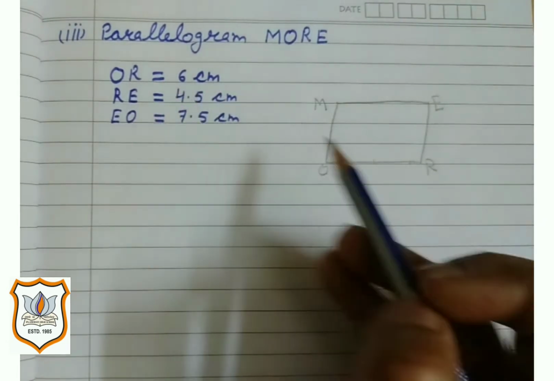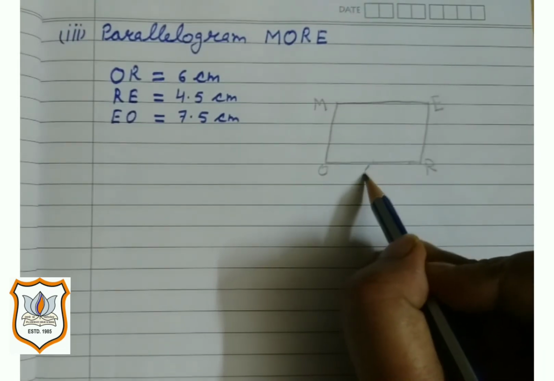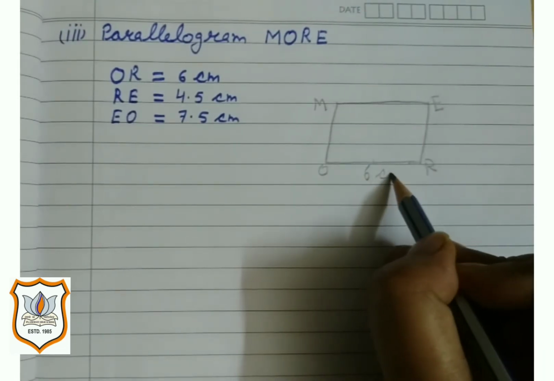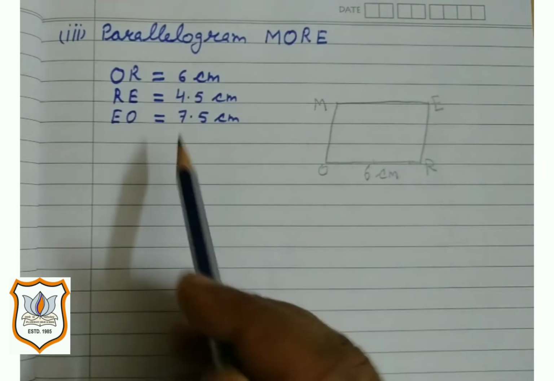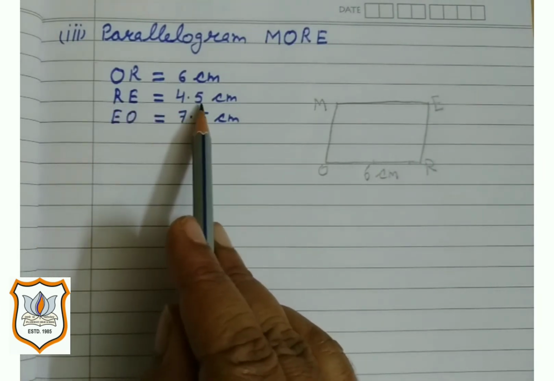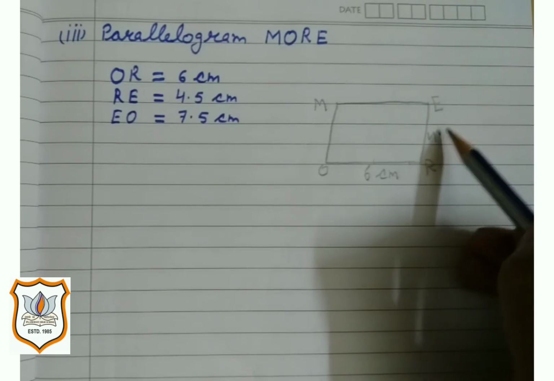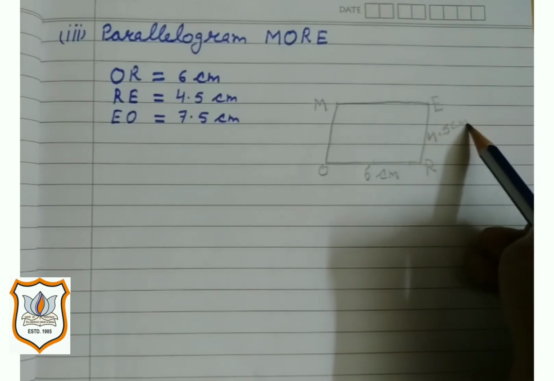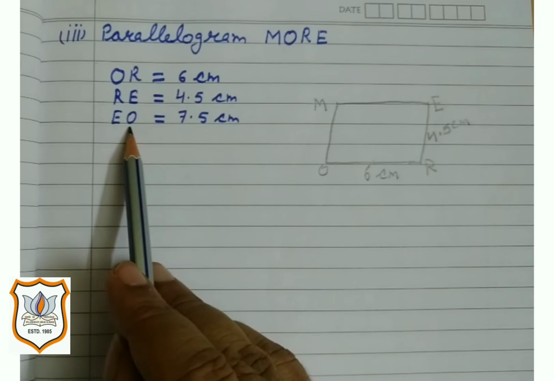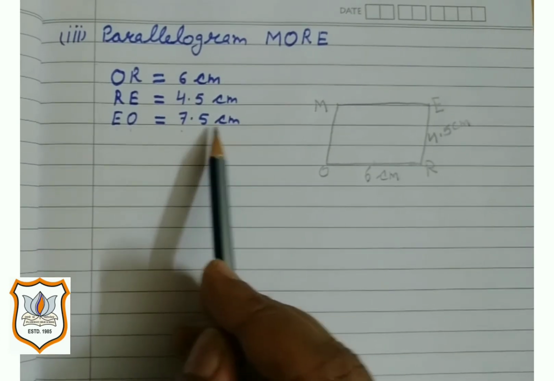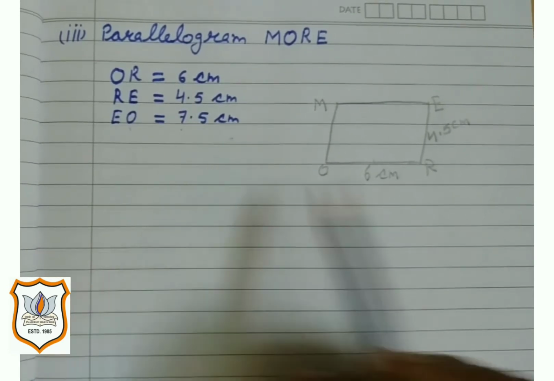OR is given 6 centimeter. So we write here 6 centimeter, and RE is given 4.5 centimeter. So we write here 4.5 centimeter, and EO is given 7.5 centimeter.